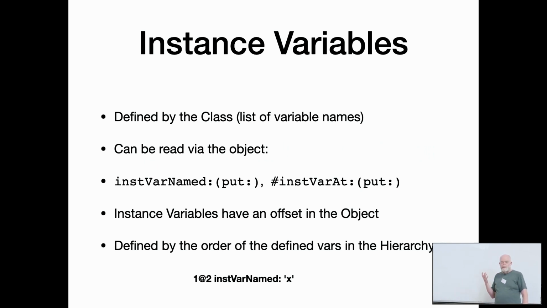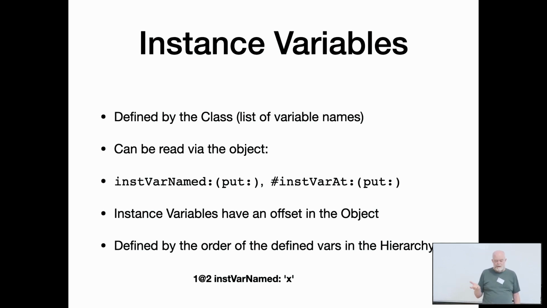So in Smalltalk 80, originally, variables are actually quite simplistic, partly because, of course, this needed to run, you couldn't model too much because memory is sparse. So for example, instance variables are defined by a class. The class has just an array of names. You can read them reflectively by calling instVarNamed or instVarAt.